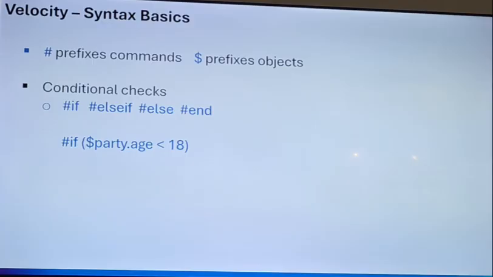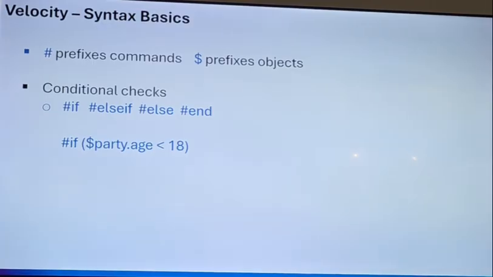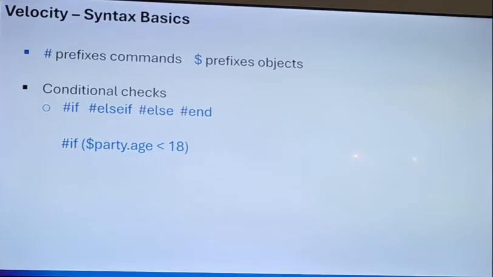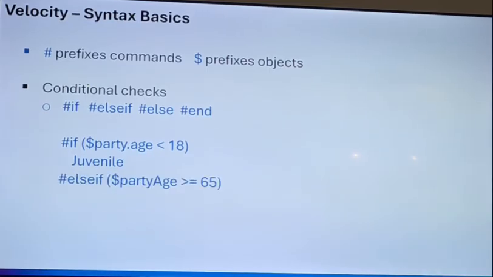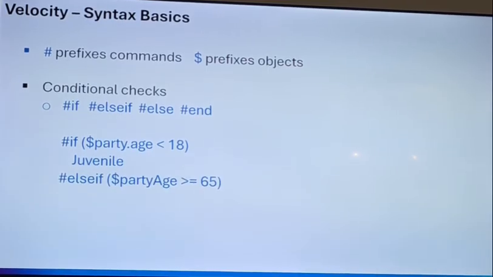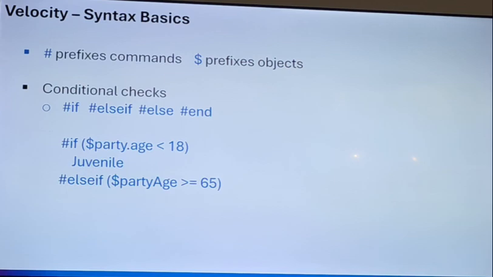I'm going to start off by building my if statement. If the party's age is less than 18, that's doing a logic check inside that bracket, so it has to return a true or false result. So if the party age is less than 18, I want to print out the word juvenile. My next check: else if party age is greater than or equal to 65.